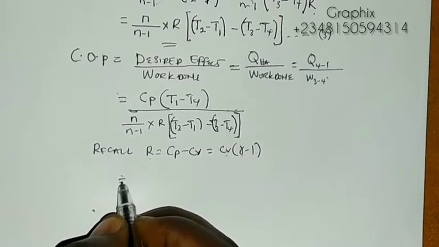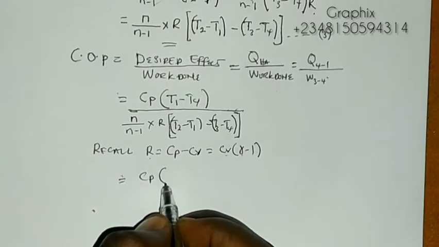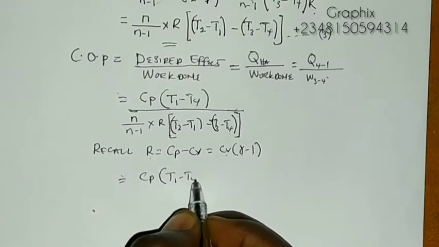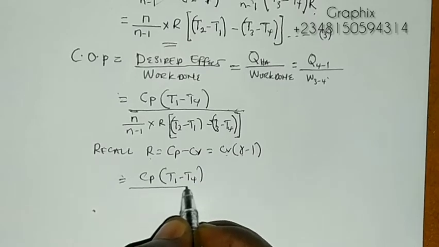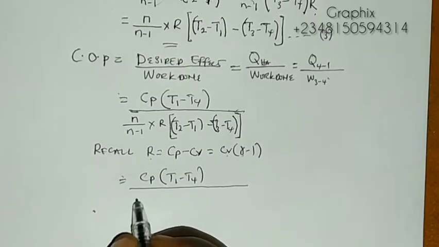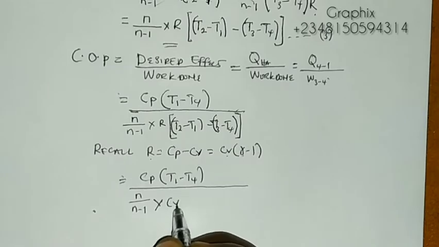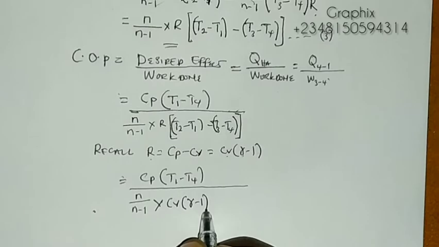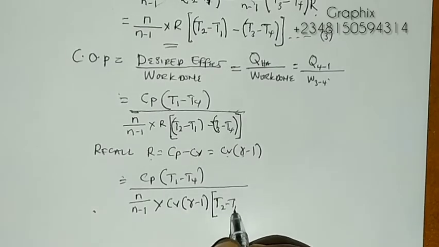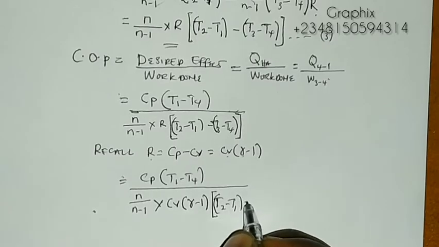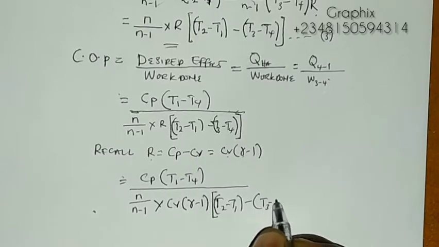So this will now give us Cp into bracket T1 minus T4, all over n minus 1 multiplied by, instead of R, Cv into bracket gamma minus 1, right? So into bracket T2 minus T1 minus T3 minus T4. I close the bracket back.